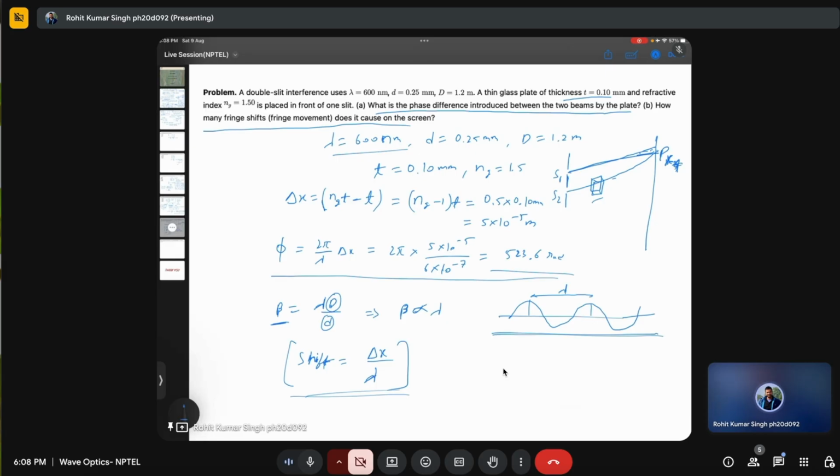So that's why this is the shift. We have already calculated delta x, and we know the wavelength is of the order of 10 to the minus 7, so you will roughly get 83 point something, but in whole numbers, 83 fringes on average will be shifted.